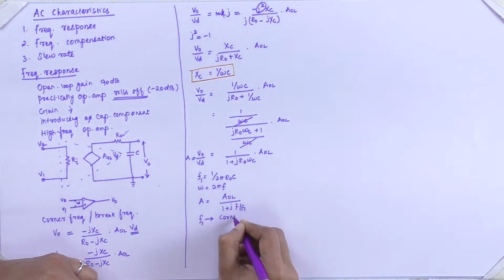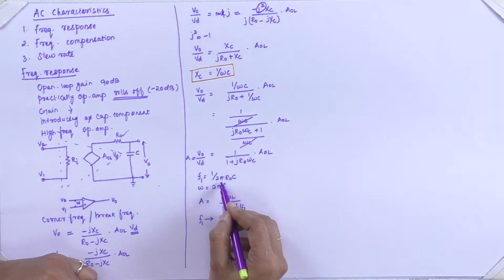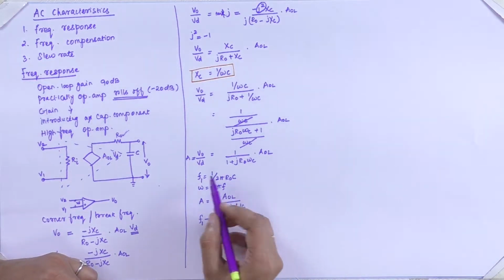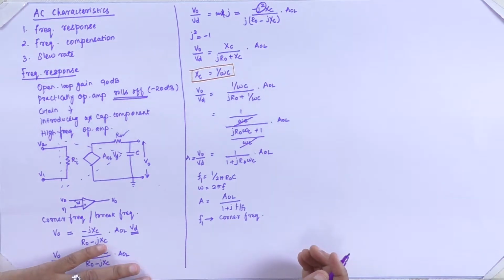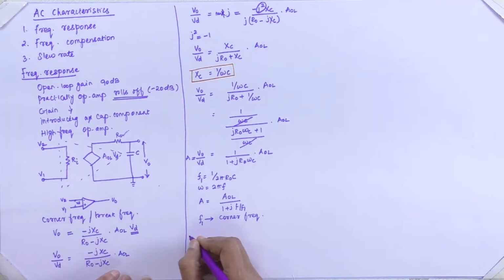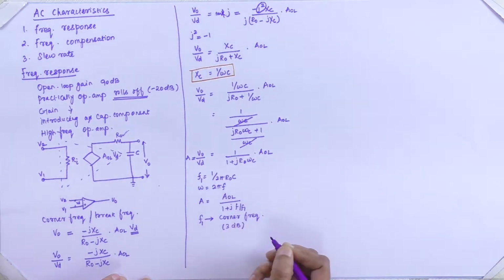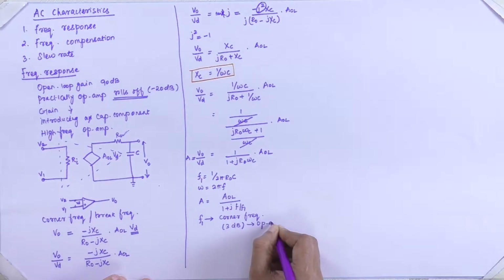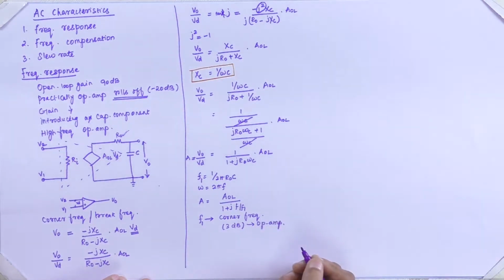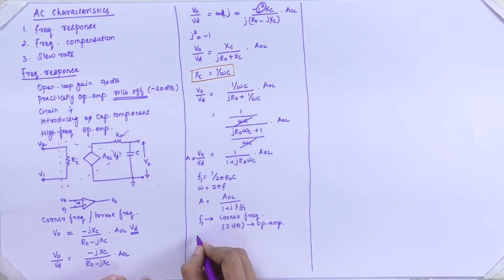So why are we defining that corner frequency? This frequency will be calculated with the help of your values of R0 and C. So we can easily get the frequency F1 as the corner frequency. It may also be defined as the 3 decibel cutoff frequency. So this is the range for your op-amp signal. In this condition, we are going to draw two types of characteristics.